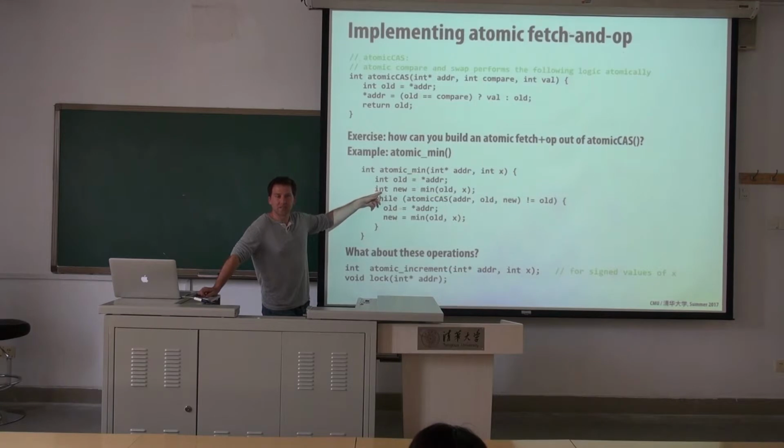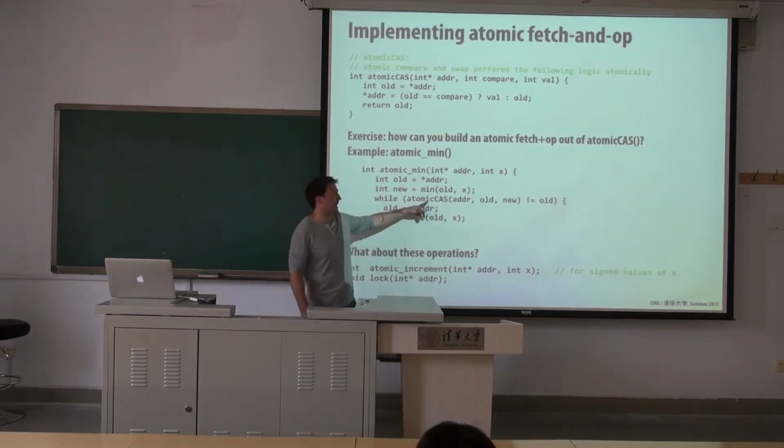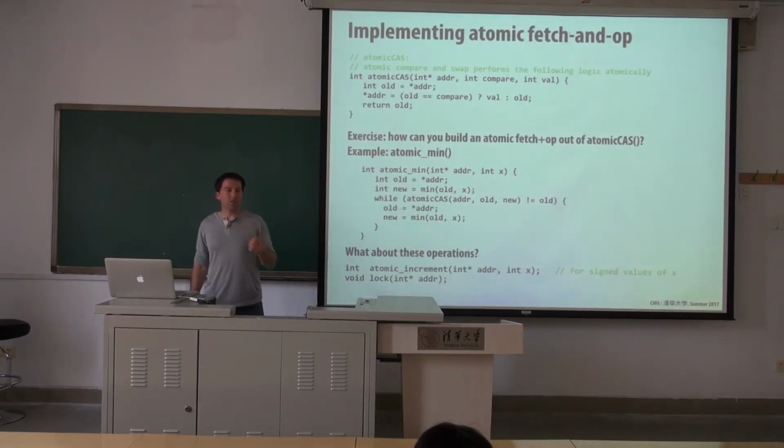I read the value from memory, and I compute the min in a normal way. And then I have the atomic compare and swap. So if the atomic compare and swap succeeds, which is if atomic cas equals old, what do I know?